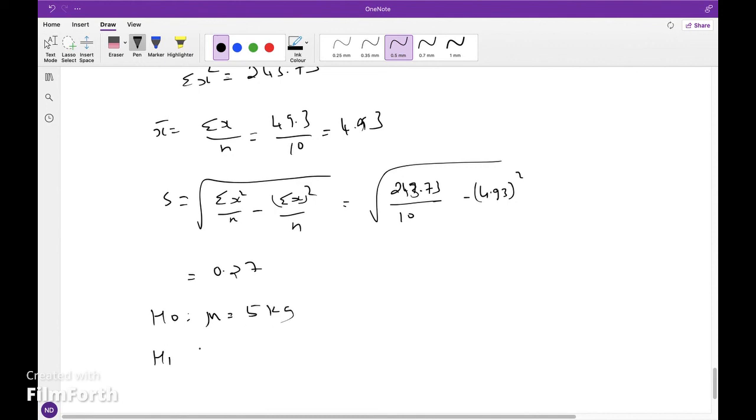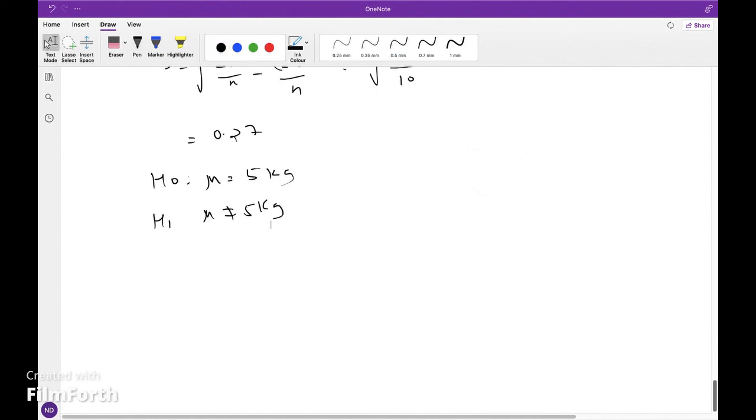So take null hypothesis mu equal to 5 kg. The alternative hypothesis mu is not equal to 5 kg. Now test statistic is t equal to x bar minus mu by s by square root of n minus 1.